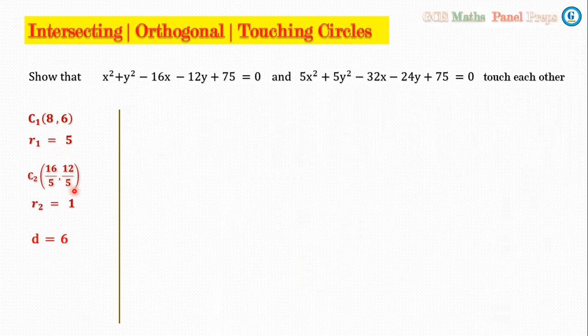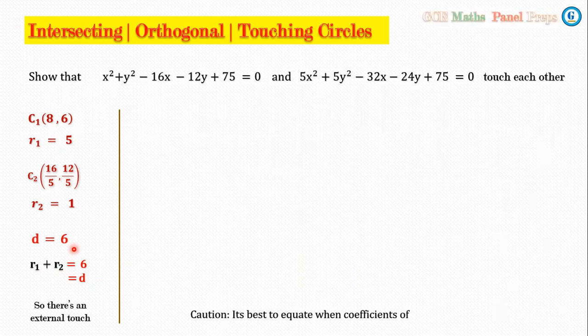Now, the center-to-center distance for these two is 6. So R1 plus R2 is equal to 6, which is equal to the distance. So what can we conclude? Therefore, there is an external touch. If R1 plus R2 is equal to the center-to-center distance, then they touch externally.